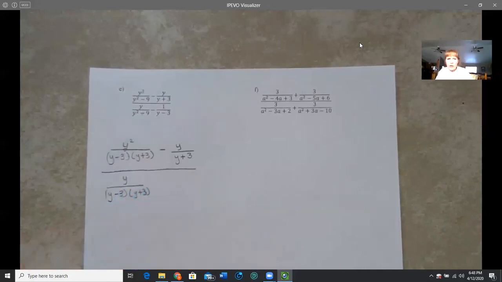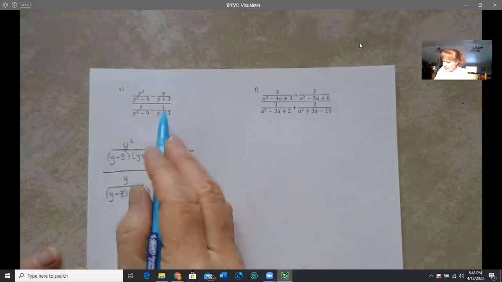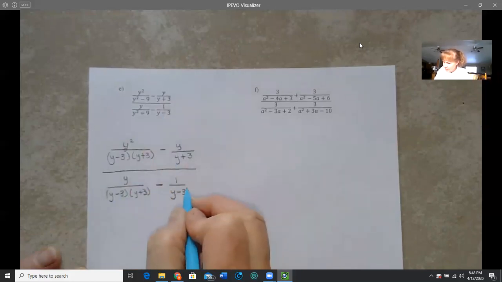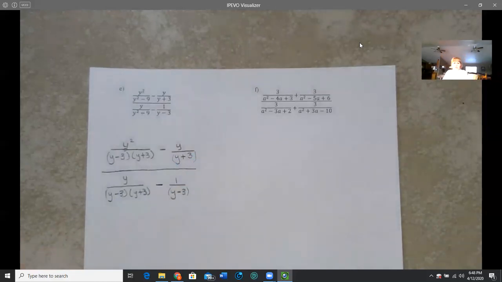I hope you're getting pretty good at this factoring. I'm hoping it's not giving you too many fits. We have a minus. This one right here is 1, and we cannot factor that denominator. I can put parentheses around them. If you want to put parentheses around those denominators, that's fine, just so they look alike.